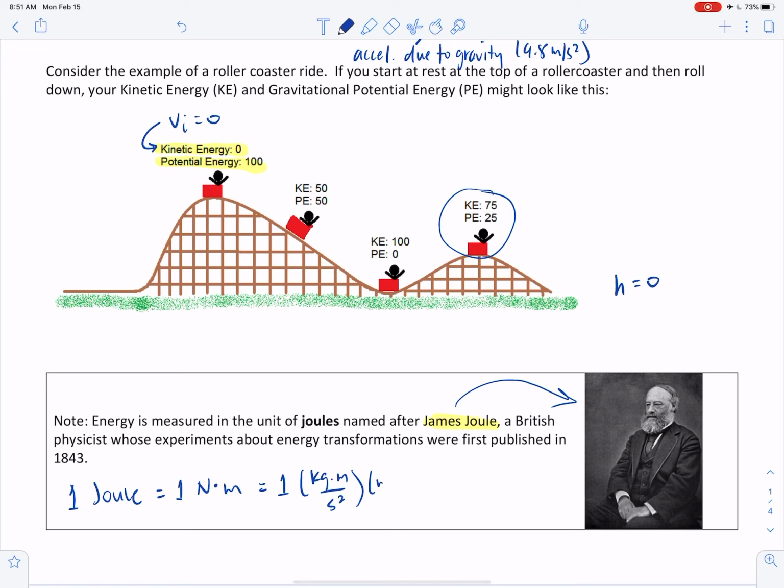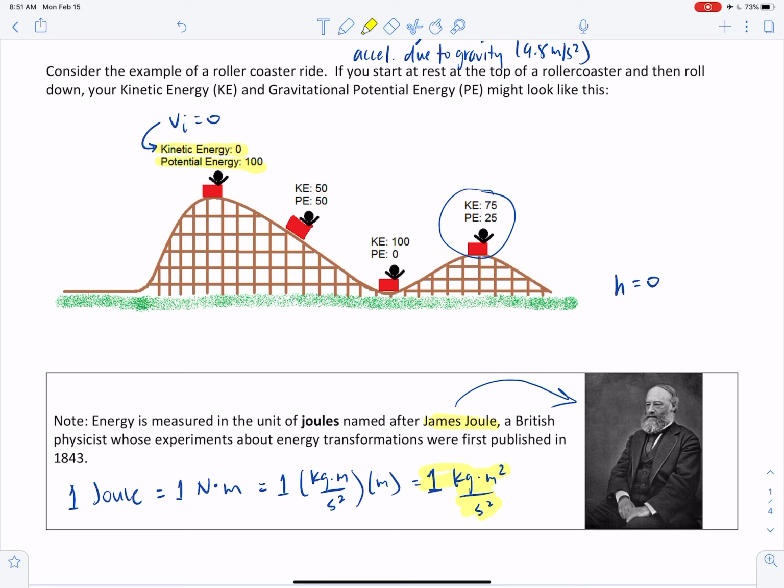And then I would multiply that by a meter again. So here's my meter there, and here's my Newton. A Newton is a kilogram meter per second squared. Then I could go one step further: 1 kilogram meter per second squared times a meter would just be 1 kilogram meter squared per second squared. So this is a joule at its most fundamental units, a kilogram meter squared per second squared.